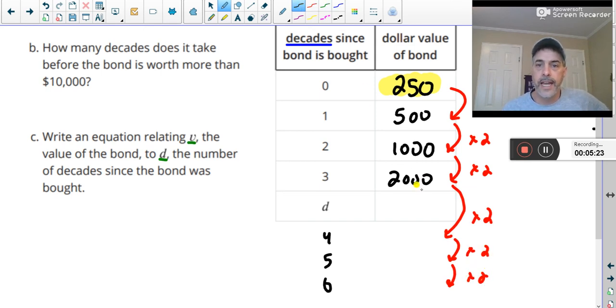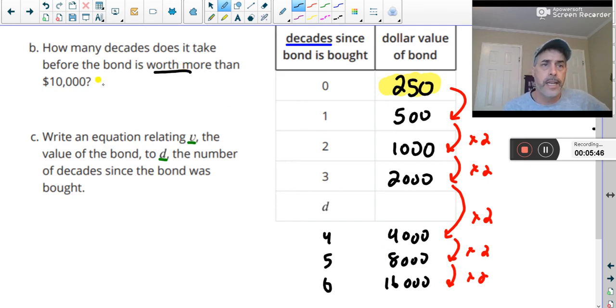I'm looking at 3 decades was 2,000, so 4 decades should be double 2,000. 5 decades, double 4,000. 6 decades, double 8,000. And the question, how many decades does it take before the bond is worth more than 10,000? It jumped from 8 to 16 here, and it's going to be 6 decades was the number of decades before it was worth more.